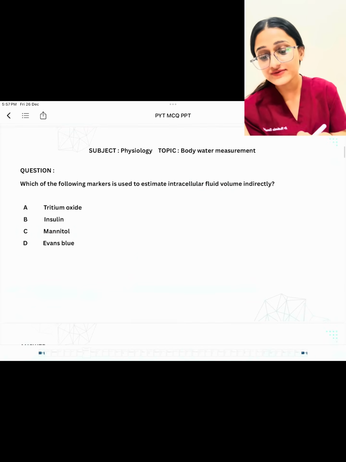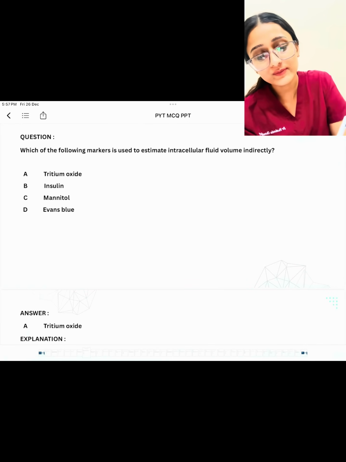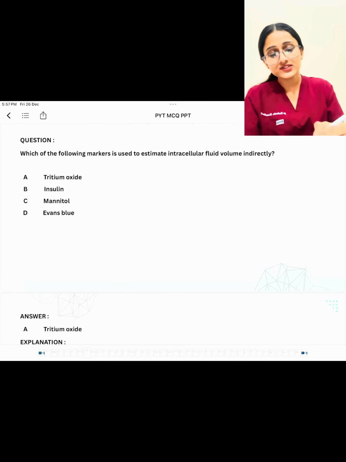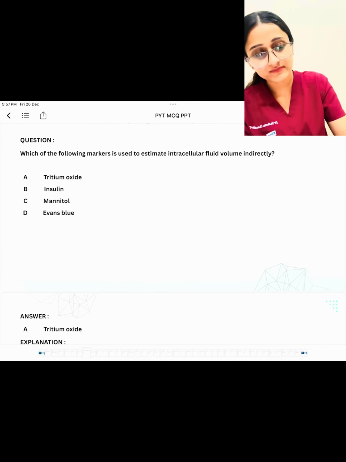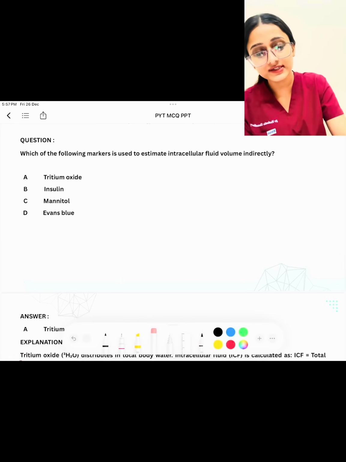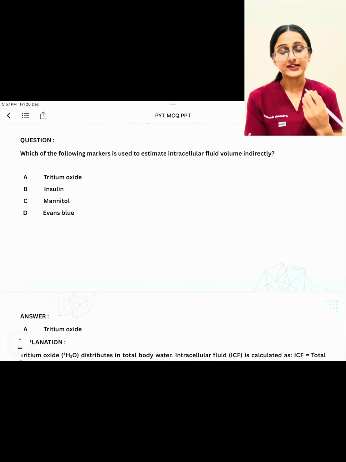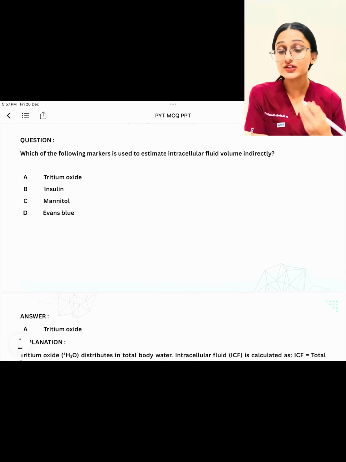Okay, next question is, which of the following markers is used to estimate intracellular fluid volume indirectly? First of all, just remember one concept that we have studied earlier. We have ECF, we have ICF, and ECF comprises plasma and interstitial fluid.